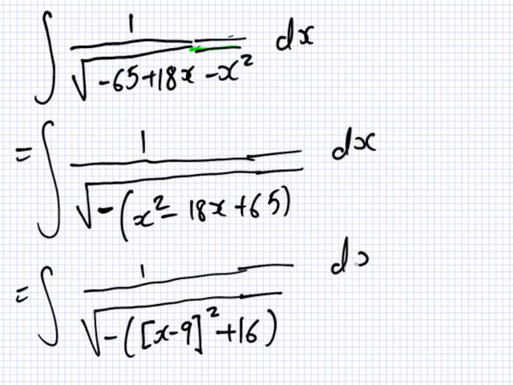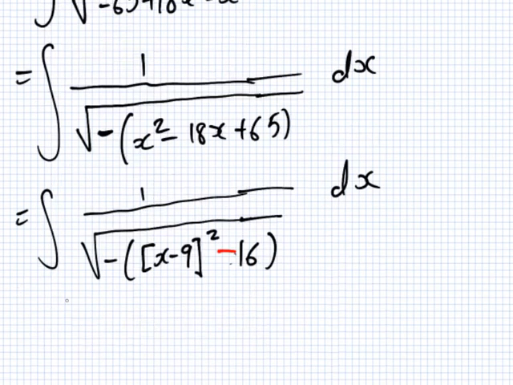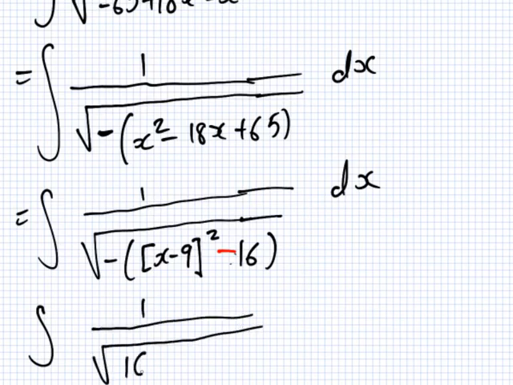I need a minus 16. 65 minus 81, minus 16. Yeah, that's it. So now we'll put the minus back in. Root 16 minus x minus 9 squared.